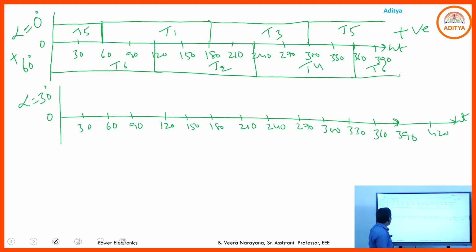If you choose alpha equal to 30, where T1 comes to the on state, you blindly add 60. Then T1 comes to the on state at omega T equal to 90 degrees.